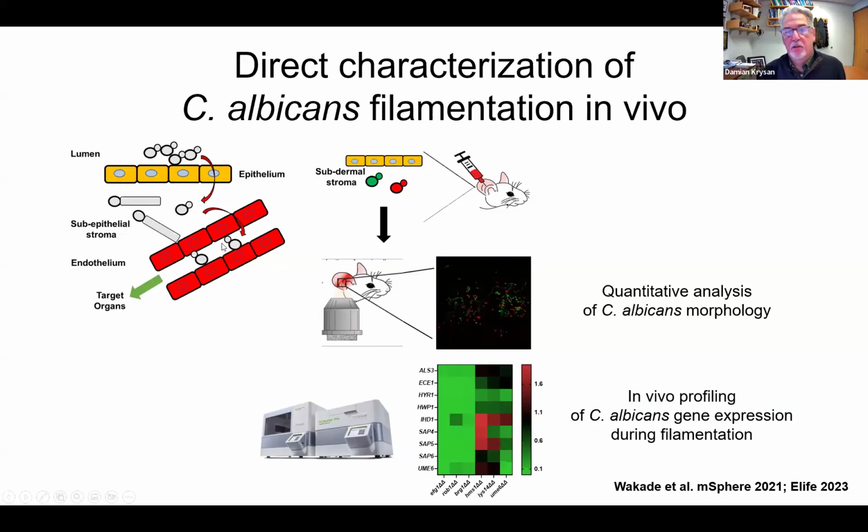And so that's the premise behind our use of this somewhat unusual way of infection to directly study the morphological transition. We also take cells harvested from the ears or directly in the ear tissue and do in vivo profiling of the Candida albicans gene expression during this filamentation process. So those are the two assays that we're really going to focus on for the rest of the talk.